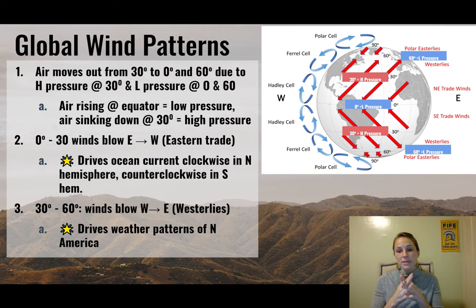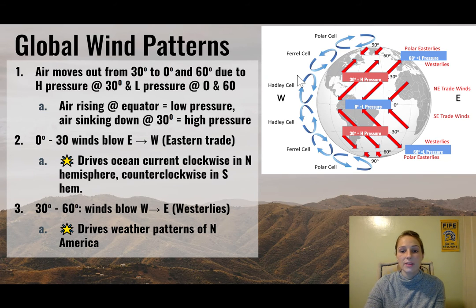So here's what this means for wind patterns. All these things come together and they determine how wind moves on our planet. So air is going to move out from the 30 degree to the 0 and the 60 degrees due to these high pressures and low pressures.